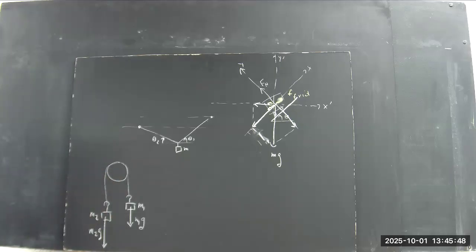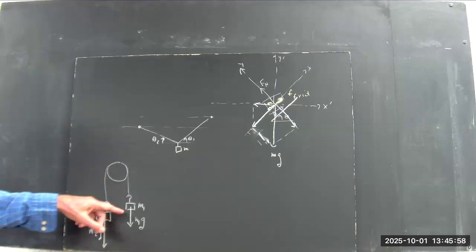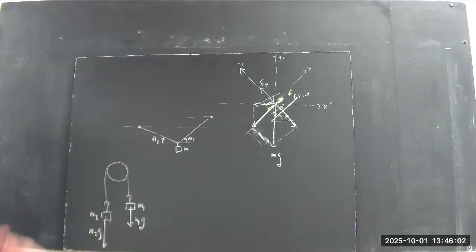So why aren't they falling? What is it that's holding them up? Well, if we don't have much friction here, and this mass is a good bit bigger than this one, this thing's going to descend in this direction, right? One's going to go down, one's going to go up.